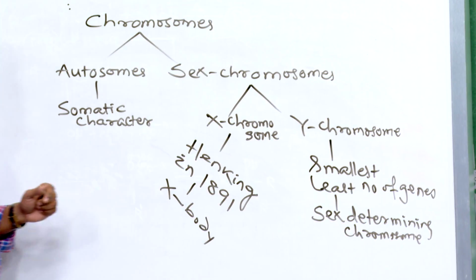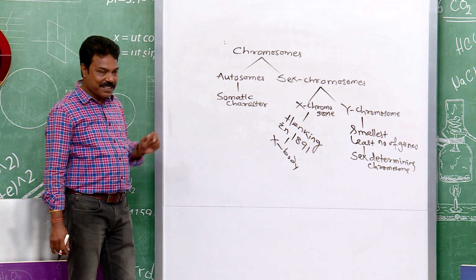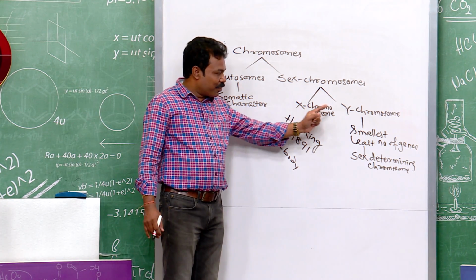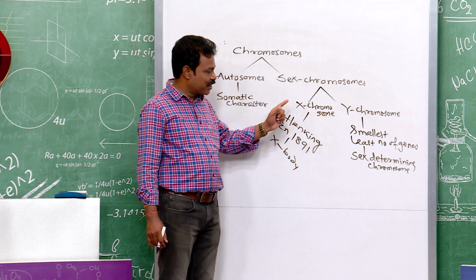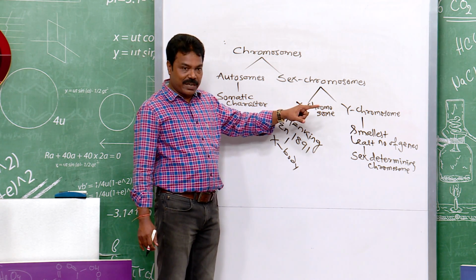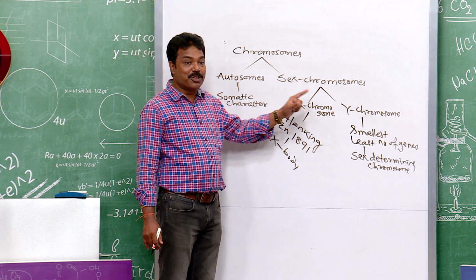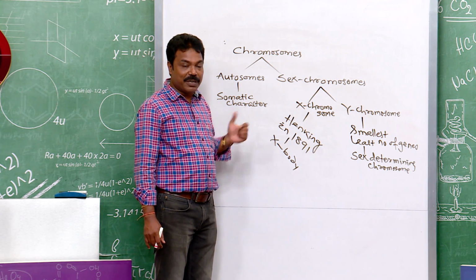In many species, right? Now just imagine, the Y chromosome is restricted to the male sex only, but the X chromosome is larger than the Y chromosome and present in both the sexes. What is the reason behind it?